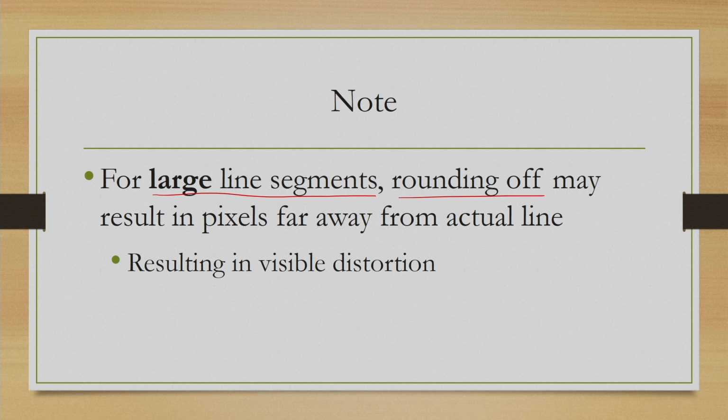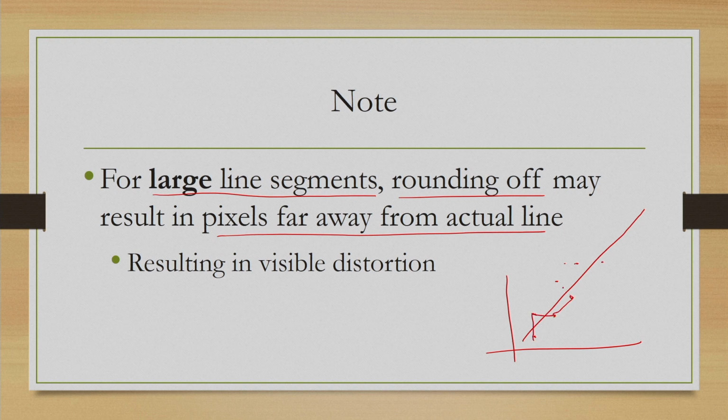The rounding off may result in pixels far away from actual line. For example, consider a very big line like this. Now, if we perform rounding off, then we may keep on getting pixel like something like this. And this actually looks distorted line for large line segments.